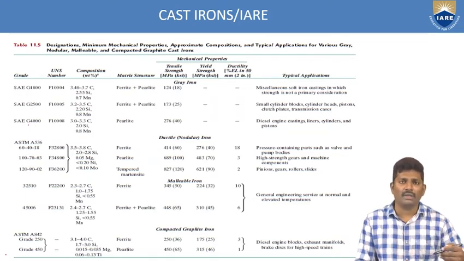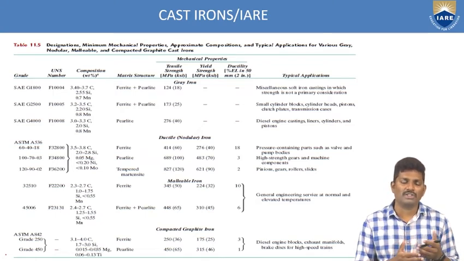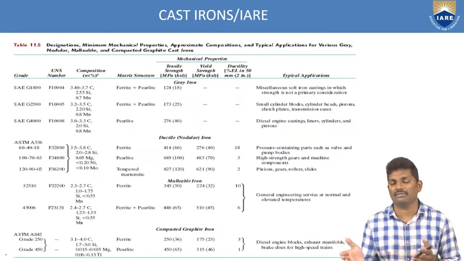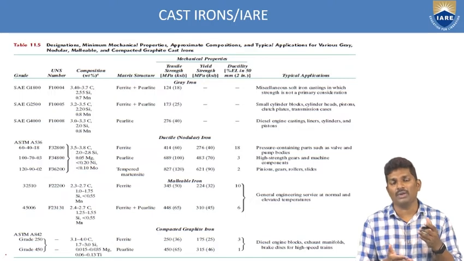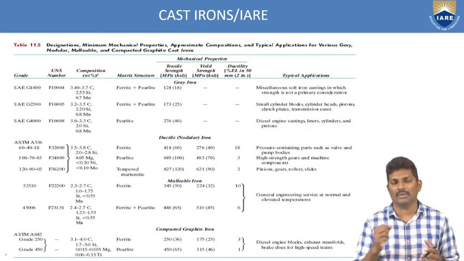So like that, you have subgrades. Why these grades? Again, these grades have different compositions of carbon. If you vary the composition of carbon, the applications differ and the properties differ. So depending upon the composition, these grades are being given to each element.